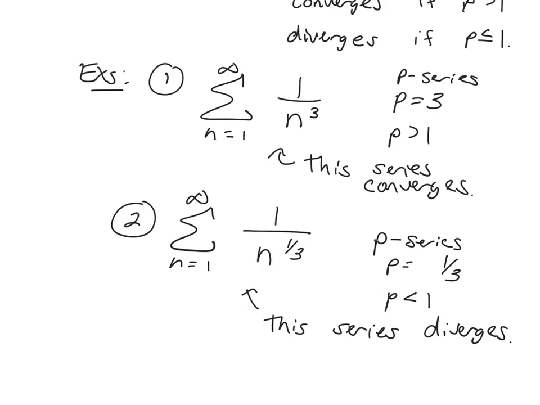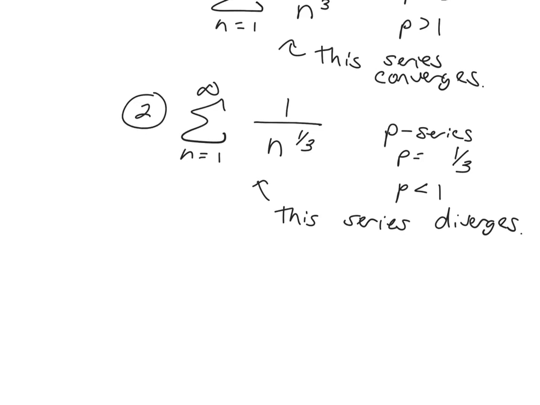It's only for 1 over n. Yeah, so that's a good point to make. A lot of times I see with p-series, you want to think that other things are p-series. It's only if it's 1 over n to a power. So if you have anything else, it's no longer a p-series.